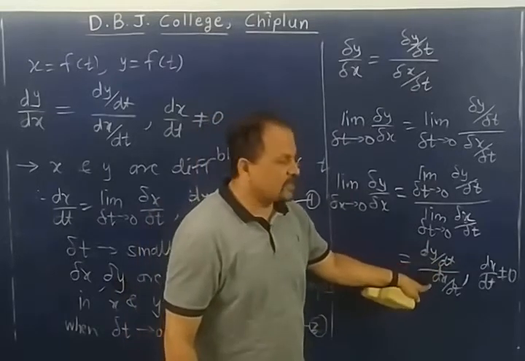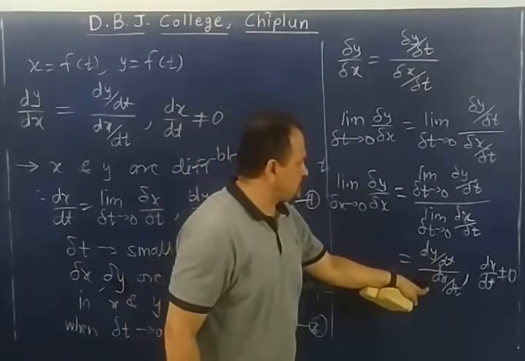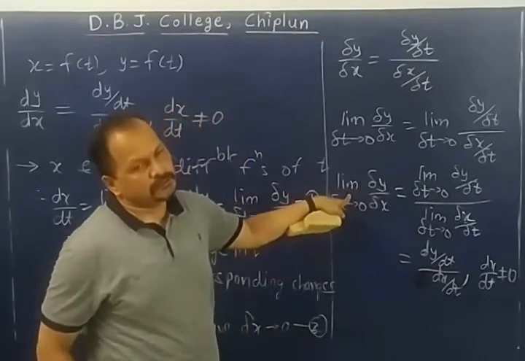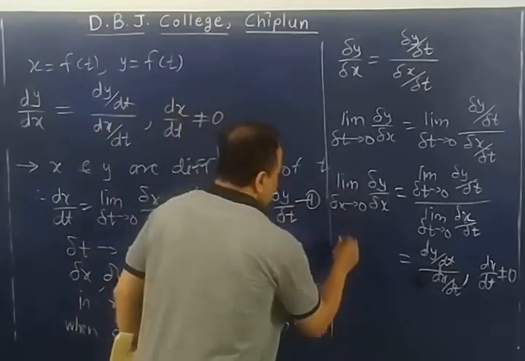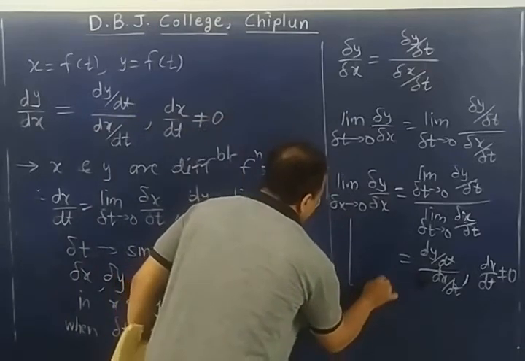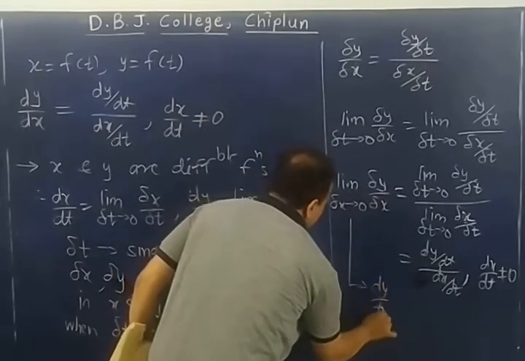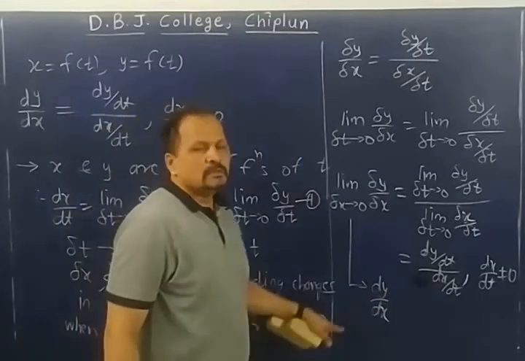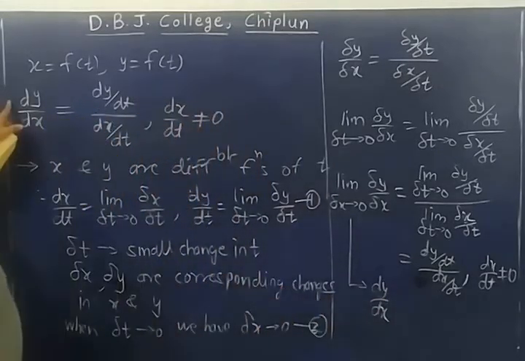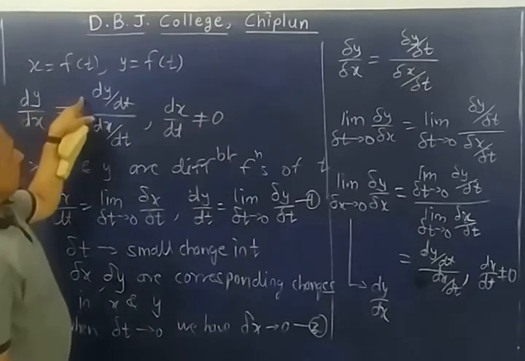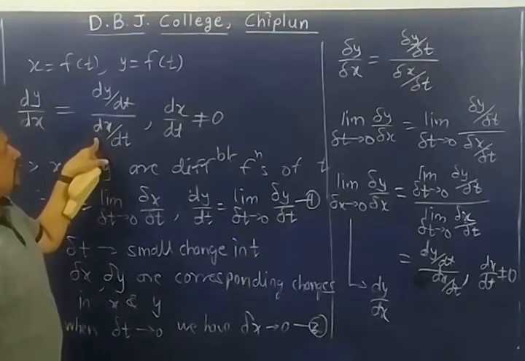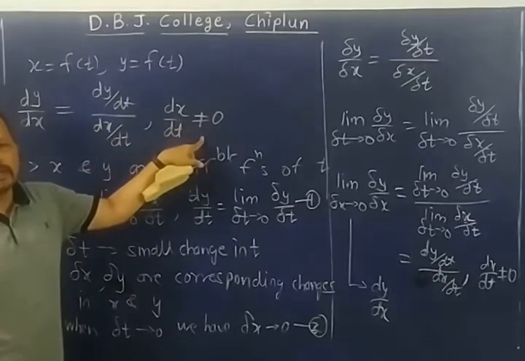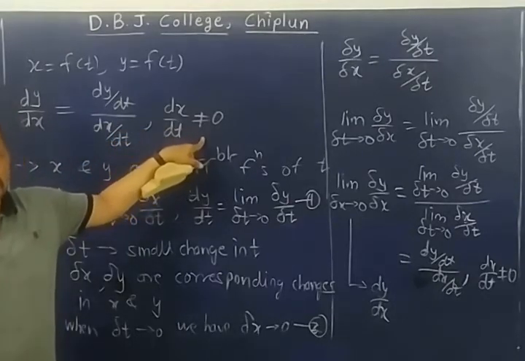And if the limit on the right hand side exists and is finite, then the limit on the left hand side must exist and be finite. And we can write this as dy by dx. And therefore the proof of the theorem: dy by dx is equal to dy by dt divided by dx by dt, provided dx by dt is not equal to 0.